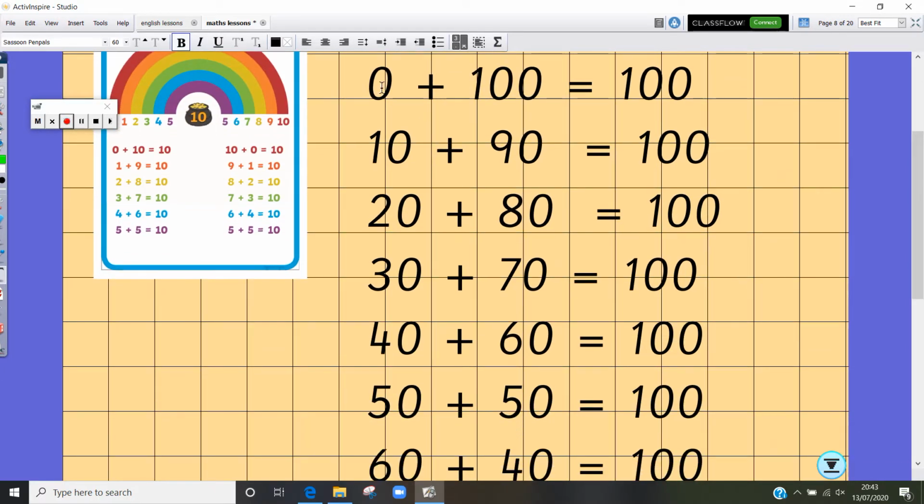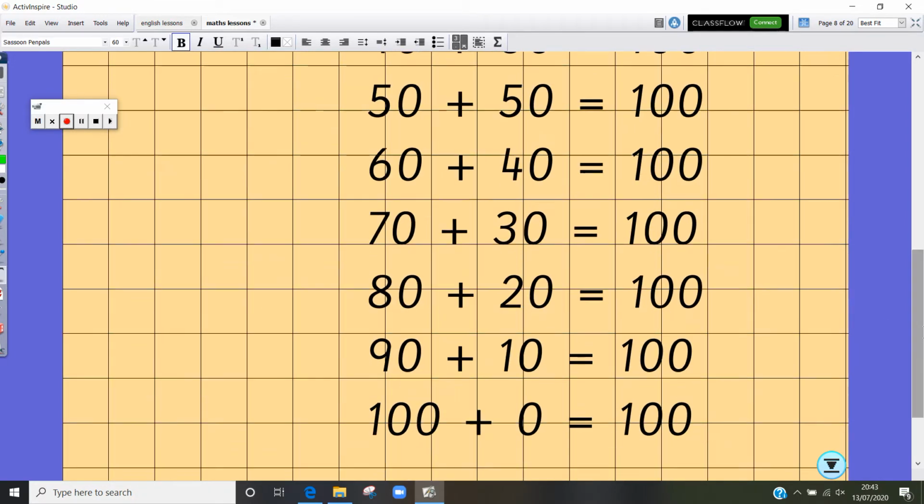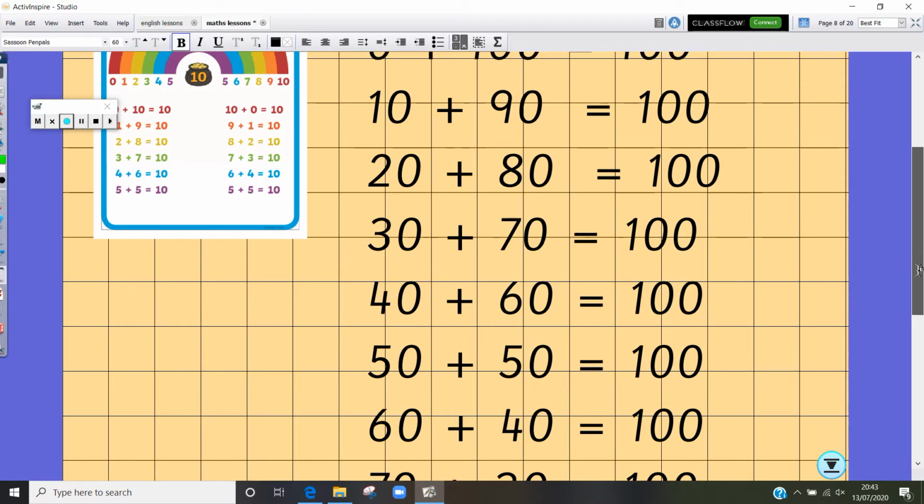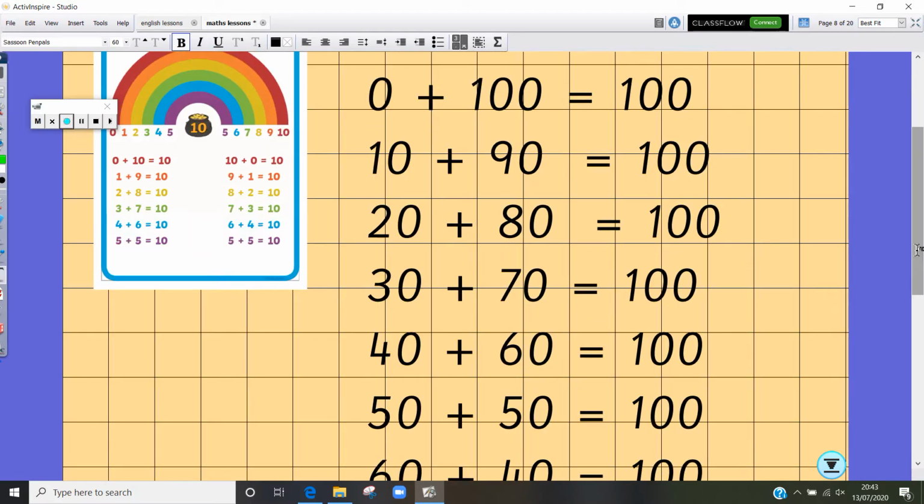So we have got 0, 10, 20, 30, 40, 50, 60, 70, 80, 90 and 100. Okay, so they're the initial numbers and then we are going to add a number to it to make the number bond. So look at the next pattern.